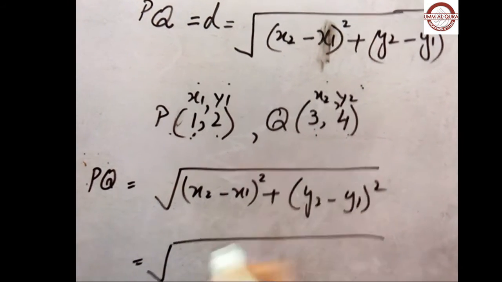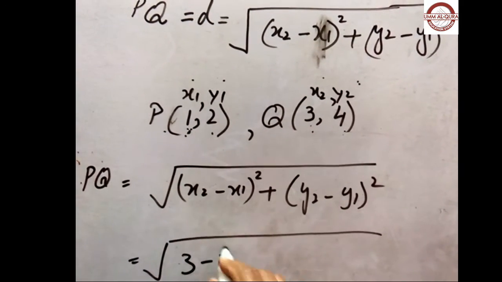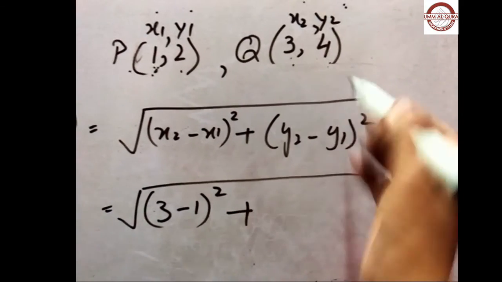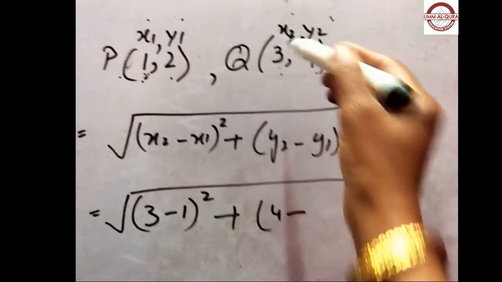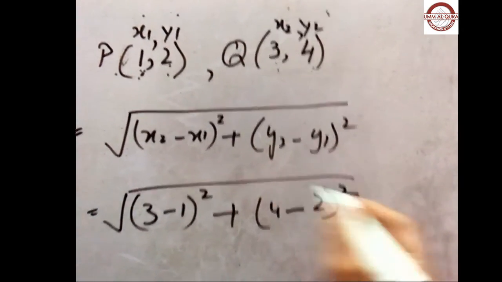x2 is 3 and x1 is 1, so 3 minus 1 whole square, plus y2 is here 4 and y1 is 2, 4 minus 2 whole square.